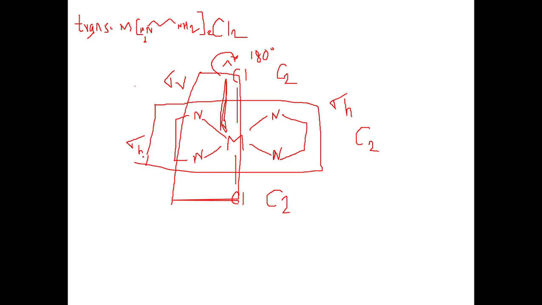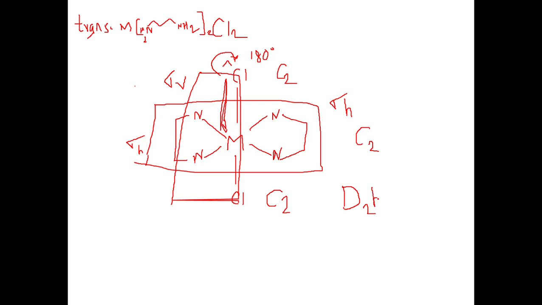That means we will write D for both the subsidiary and principal axes. Because the highest rotation axis is C2, the principal axis is C2, we will write D2. Now we have sigma v as well as sigma h, but sigma h is perpendicular to the principal axis, that's why we write h.